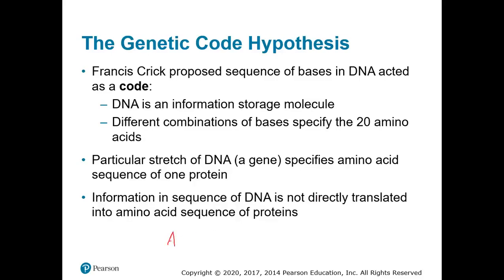So just like letters in a word, the order of our bases is going to code for a specific amino acid. That's what we're saying here. And a particular stretch of DNA, which remember we call a gene, is going to specify the sequence of amino acids in a protein. But the information from DNA is not going to be directly used to make a protein. There is going to be some sort of in-between.